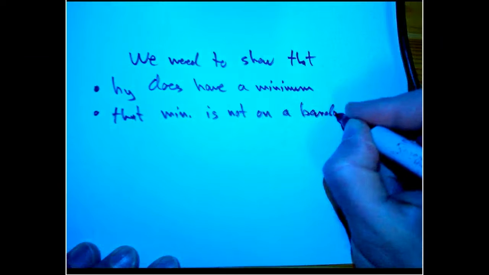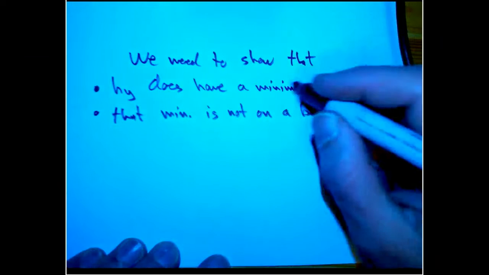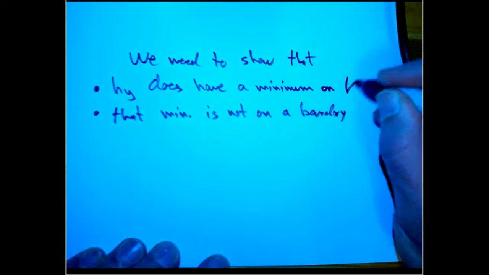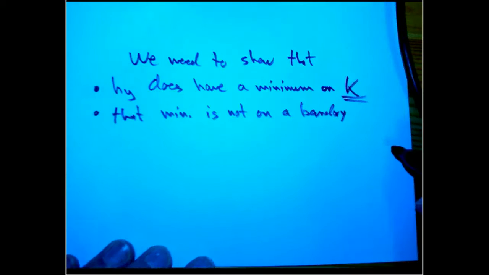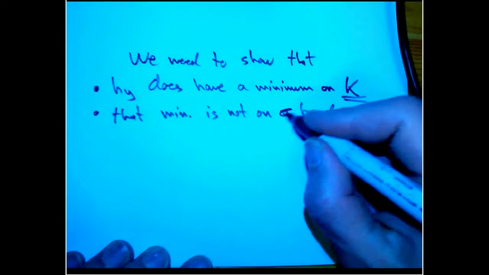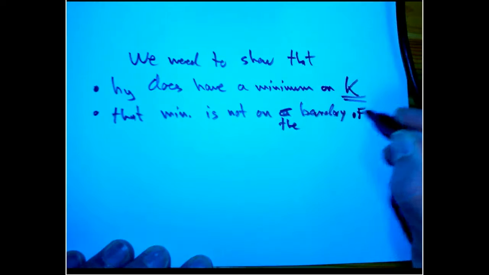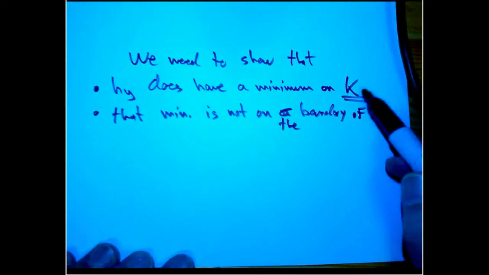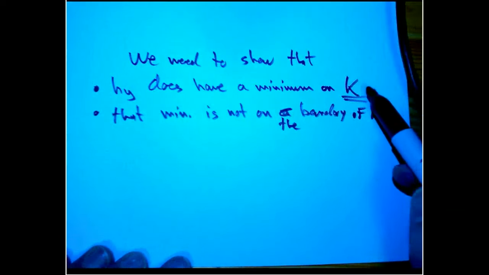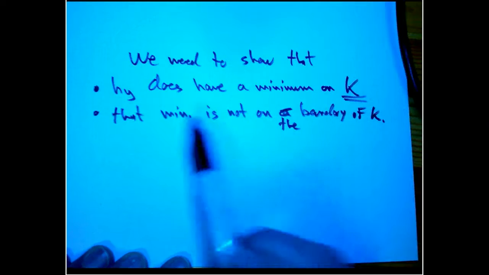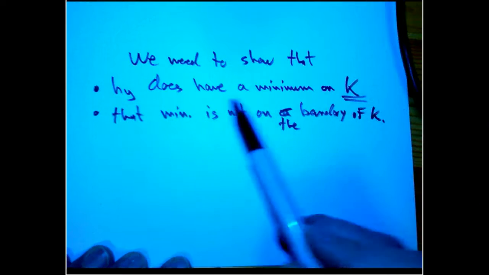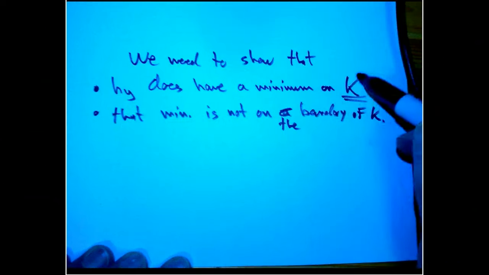Well, boundary of what? Well, we really want it to have a minimum on some set K, which we're going to have to create, and that it's not on the boundary of K, to be more explicit. There's a reason I'm calling it K here: by far the simplest way to assert that some continuous function must have a minimum is to make sure that the domain is compact.